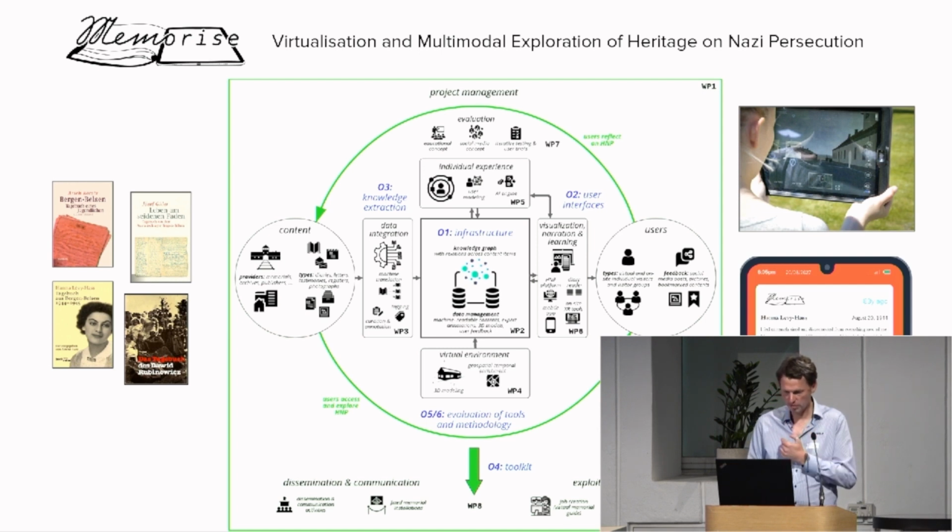So the main purpose of MEMORISE is to keep alive or convey the memories of victims of Nazi persecution in new forms. So we are dealing a lot with personal documents like diaries written by people imprisoned in concentration camps, for instance, or letters, testimonies, photographs, but I think mostly diaries and testimonies.